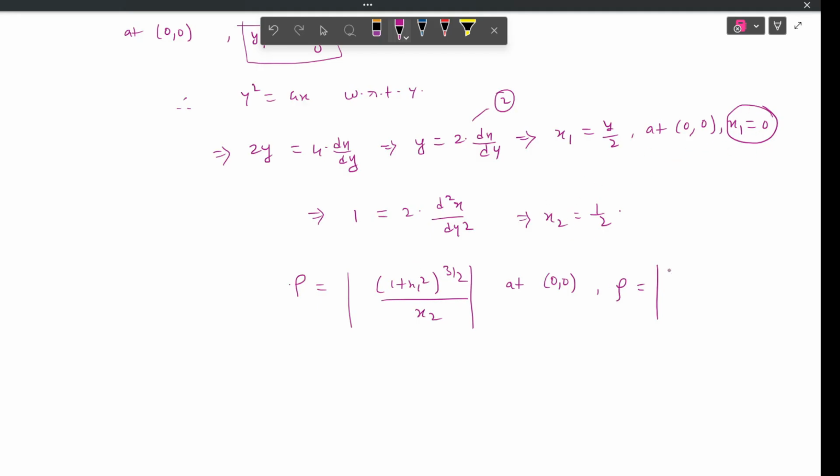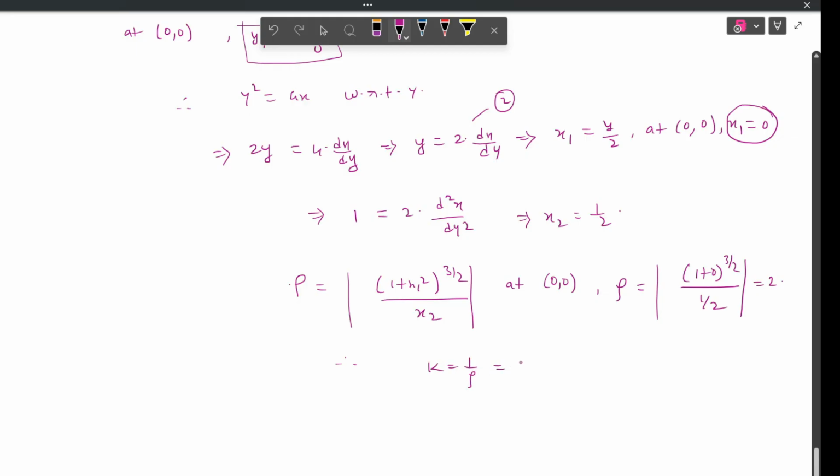So put the values here, you will get 1 plus 0 to the power 3 by 2 by half. So it would be 2. So what would be the curvature? The curvature is inversely proportional to the radius of curvature. So that would be 1 by 2.